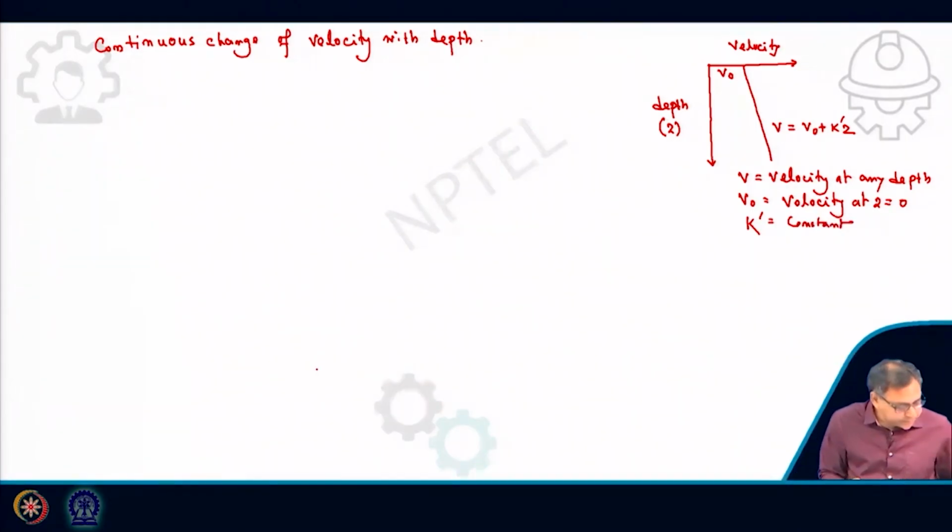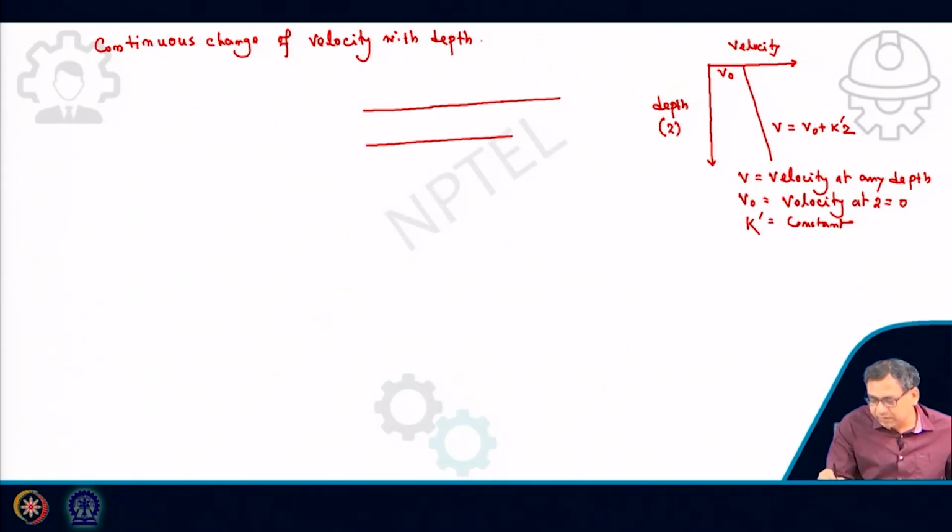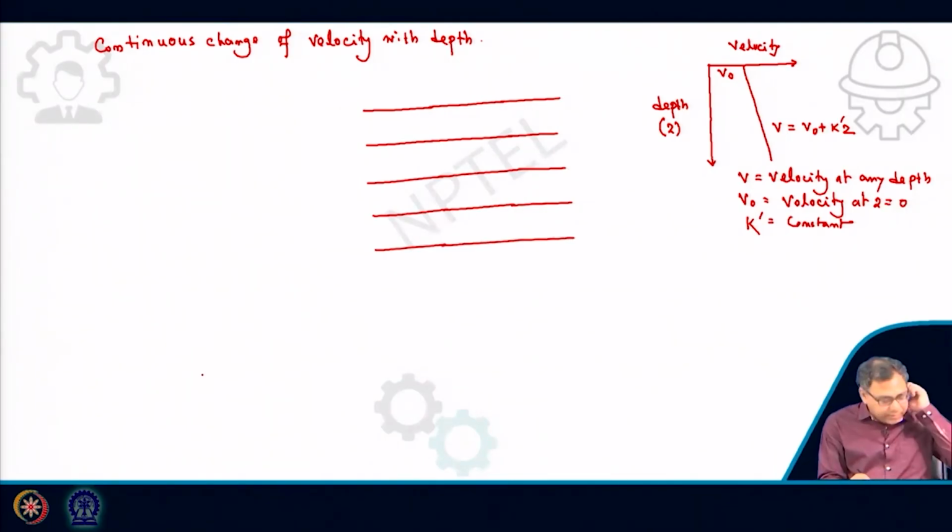Okay. Now what I am doing is dividing this single layer into a number of small segments. So I am dividing it into a number of small segments, and this is, say, the kth segment whose velocity is vk.